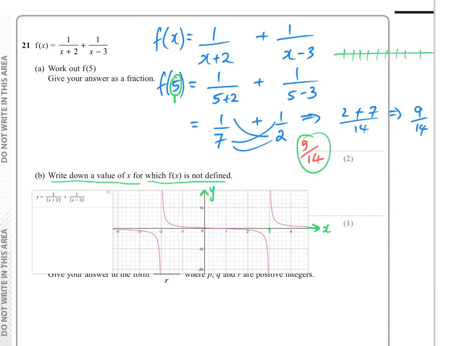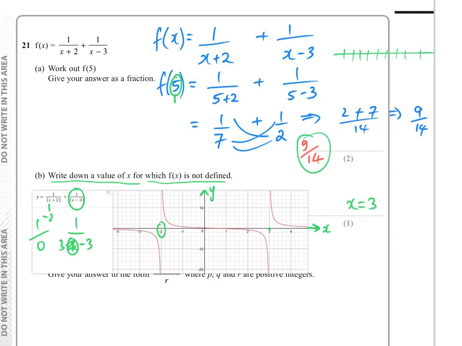That's because here, if that's 1 over x minus 3, when x takes on the value 3, we'd end up with 1 divided by 0, which is not defined. Okay? So one of the values could be 3. I'll give the other one as well, and you can probably see it from the graph. It's when x is negative 2.